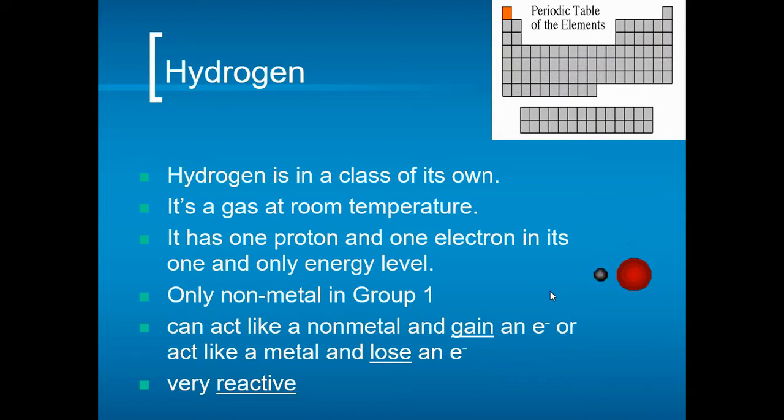And the other thing about hydrogen is that it is extremely reactive. It likes to react. So if you see a hydrogen, it's going to go find some element to react with, whether it's another hydrogen atom to become H2 or some other element so that it can combine. So hydrogen is kind of like its own little beast.